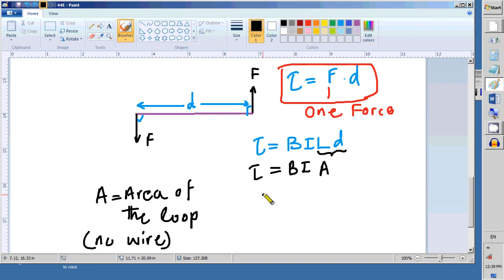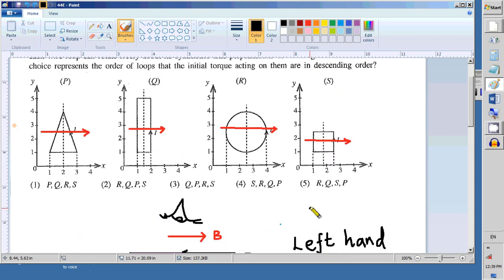So we can write tau is proportional to capital A. We have to find out the maximum tau and the minimum tau and other values in between them. So instead of that, we can compare capital A, the area. If the area A is larger, then the torque is also larger.